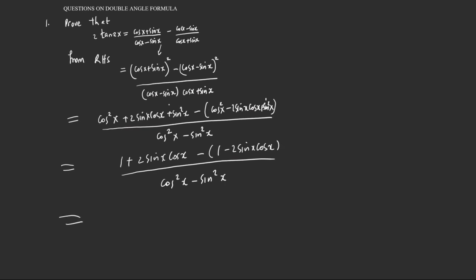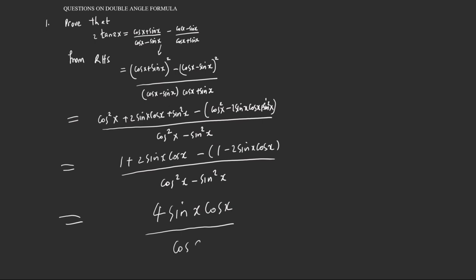So this is going to be 1 minus 1 will be 0, and you'll be having now 4 sine x cosine x over cos squared x minus sine squared x.